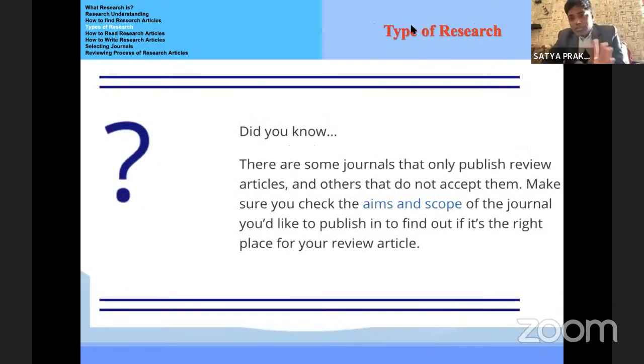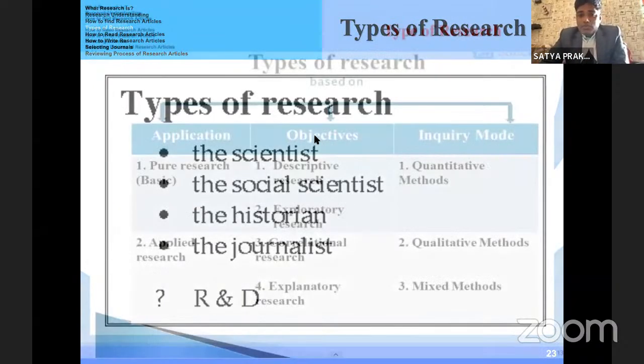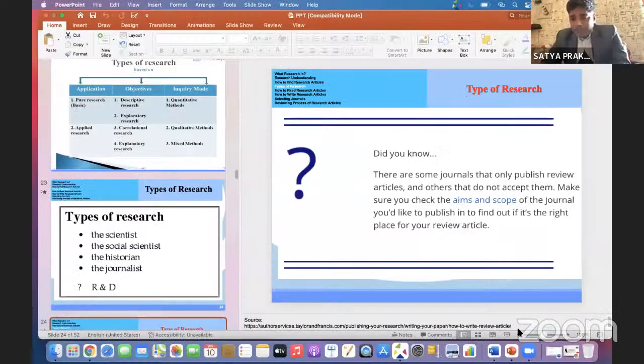Do you know that there are some specific journals which especially publish review articles? They don't recommend practical or result-based articles. They especially publish the review articles only. I would like to show the journal name.